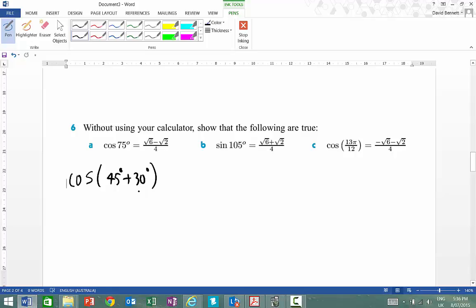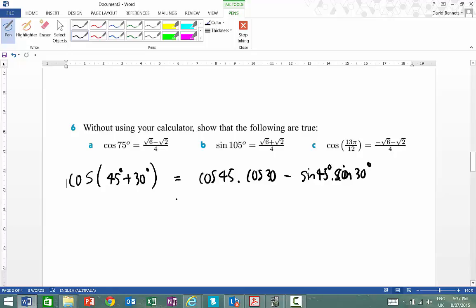I can't use my calculator to find this answer. So if I'm using my addition formula, I can go that's equal to cosine of 45 degrees, cosine of 30 degrees, and that will be take sine of 45 degrees, sine of 30 degrees.